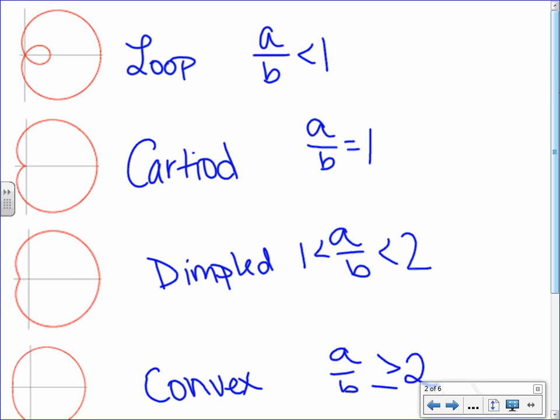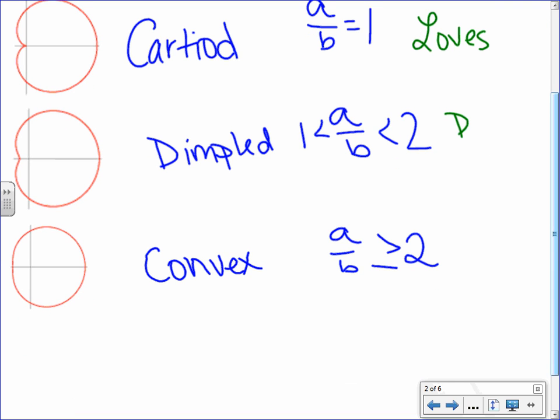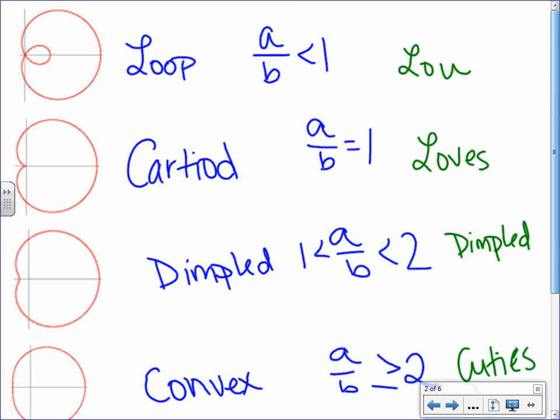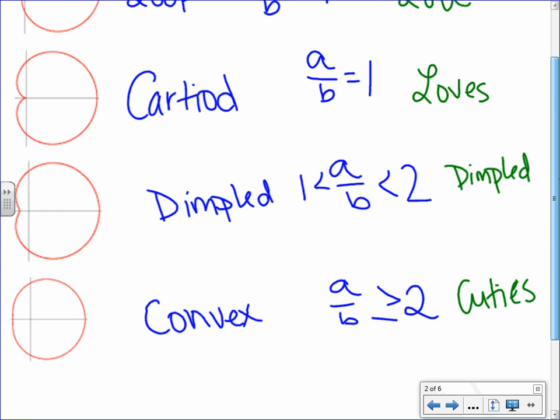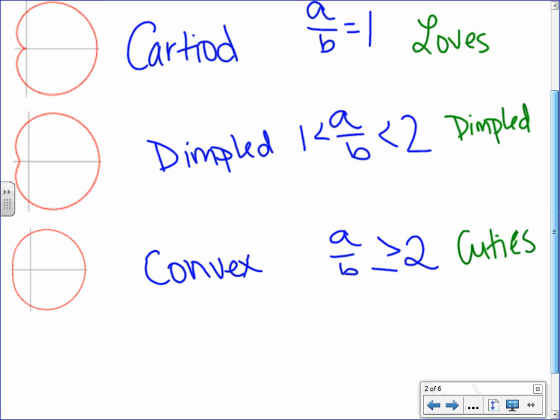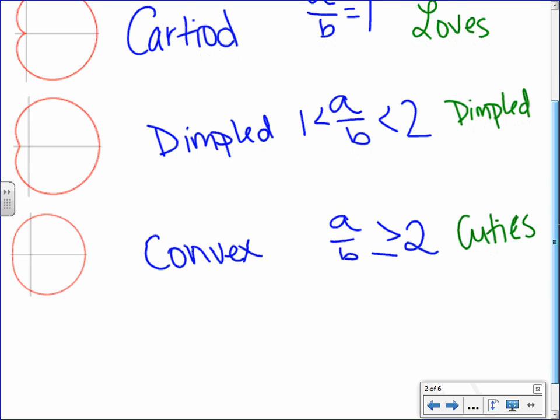I'm going to talk about Lou here, alright? Lou loves for the heart, dimpled cuties. Okay? Lou for Luke, loves for the heart, cardioid, dimpled cuties.